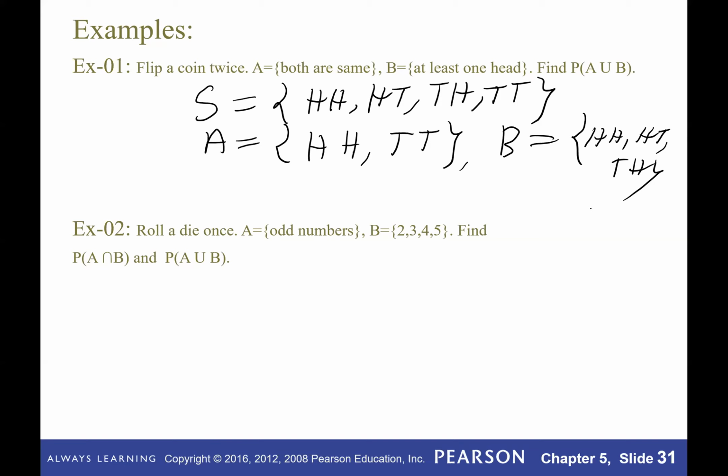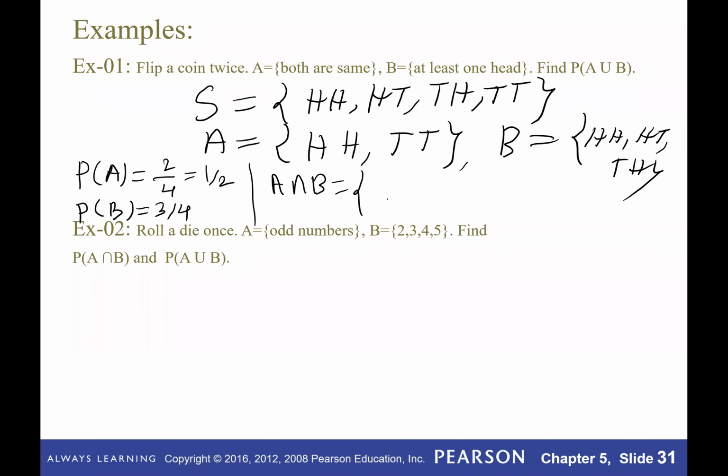So now we'll find the probability of A union B. So what is probability of A? This is 2/4, which is half. And probability of B is 3/4, right? Now, what is the intersection of A and B? How many elements do we have in A intersection B?